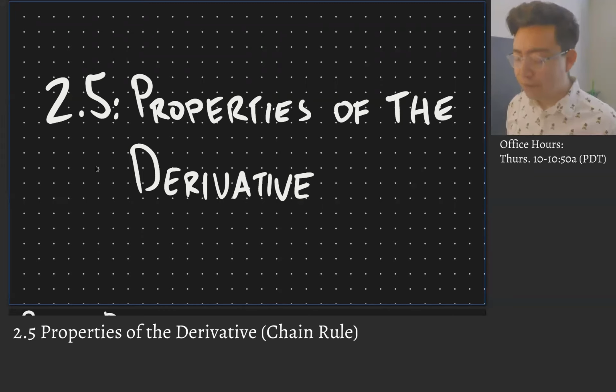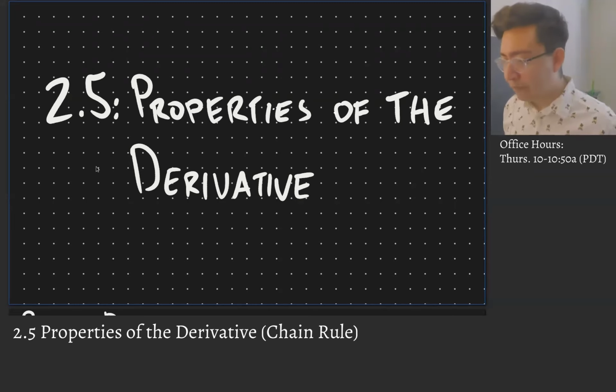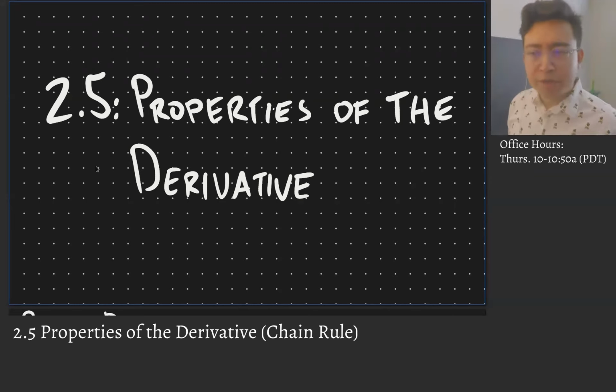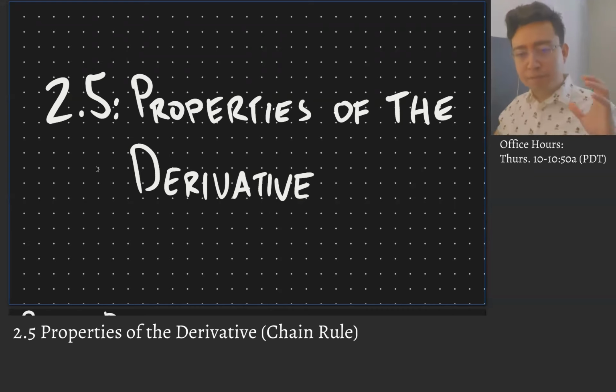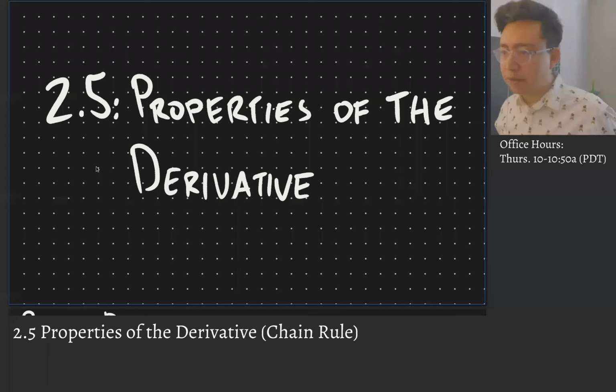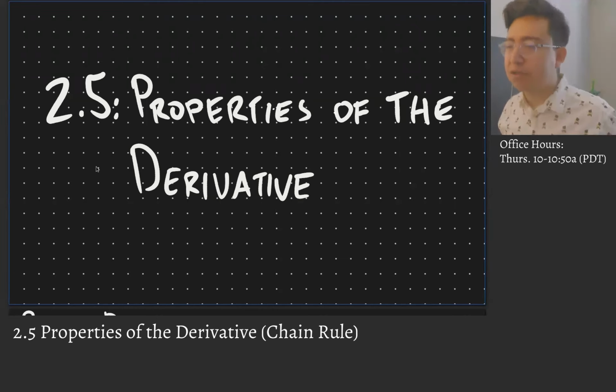We reviewed a little bit of that yesterday at the end of lecture, and hopefully you've been looking at the 2.3 homework assignment and computing some of them. It's basically just you put all possible partial derivatives into one matrix. And so these properties of the derivative are going to be properties specifically of that matrix of partial derivatives.